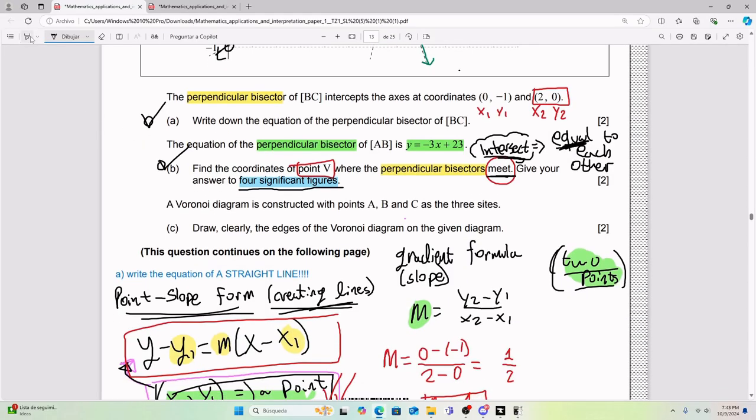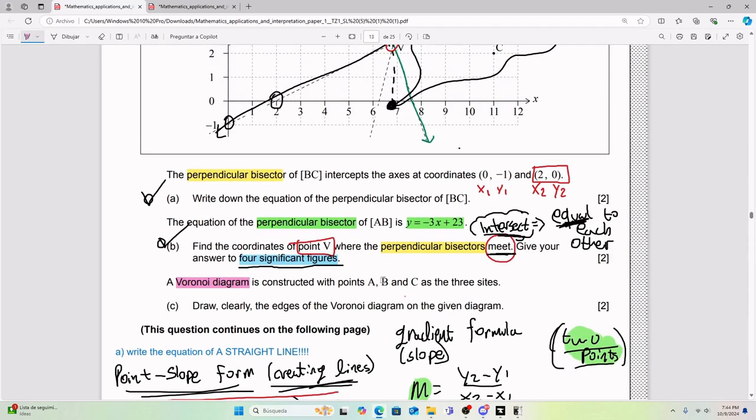And last but not least, the weirdest part, mainly because it has to do with understanding how a Voronoi diagram works, has to do with the following, ¿cierto? So they tell us that a Voronoi diagram is constructed with points A, B, and C as the 3 sites. And we need to draw, for part C clearly, the edges of the Voronoi diagram on the given diagram.